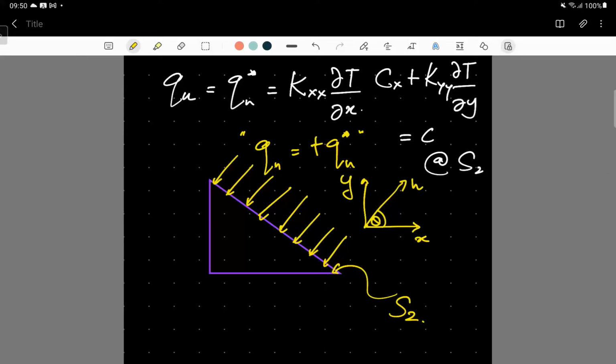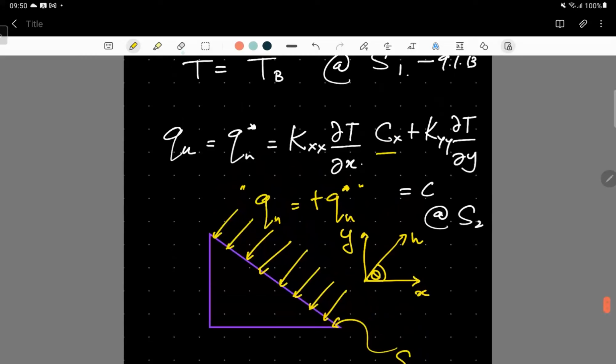If you want to write the effective flux on S2, you can write it with the help of directional cosines. You simply take the corresponding contributions. So there should be another term here, a cosine term, to multiply with this term. So directional cosines for the 2 fluxes acting in the x direction as well as the y direction.